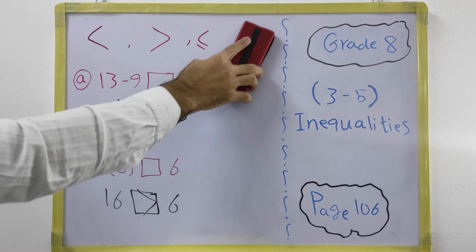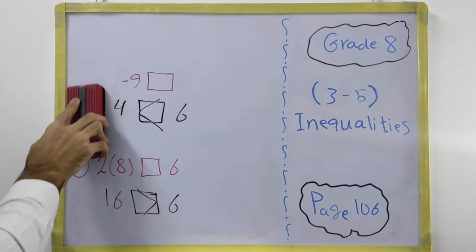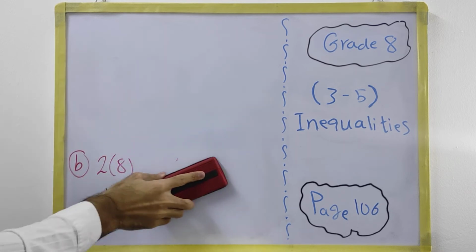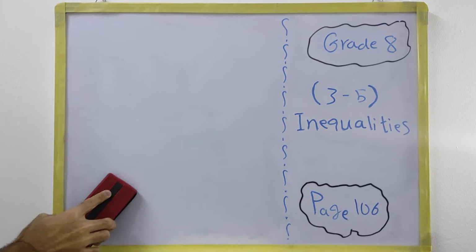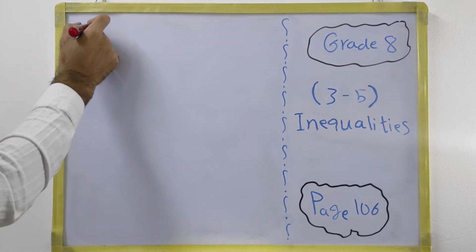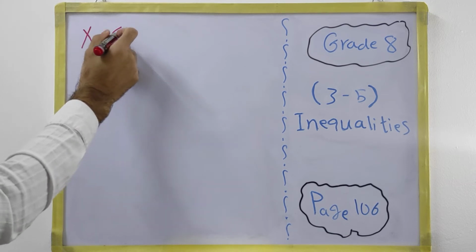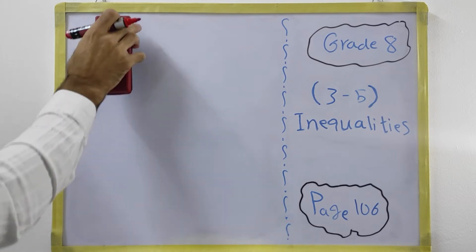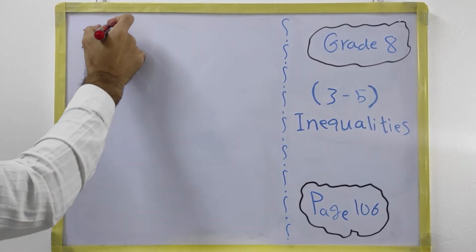But if we have inequalities that have variables inside them, like x or y or anything else, we have to solve as we did for the equations. Here we have x plus 7 less than negative 10.